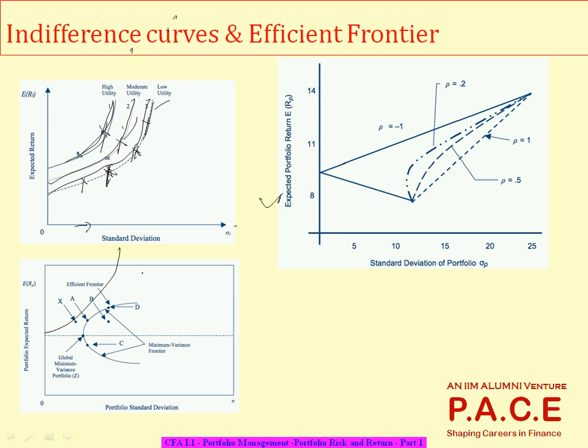Let's say his utility function is superimposed like this. This is where these two are touching. So I'll say for this customer, this is the optimal portfolio. Better go for this amount of risk and this amount of return.